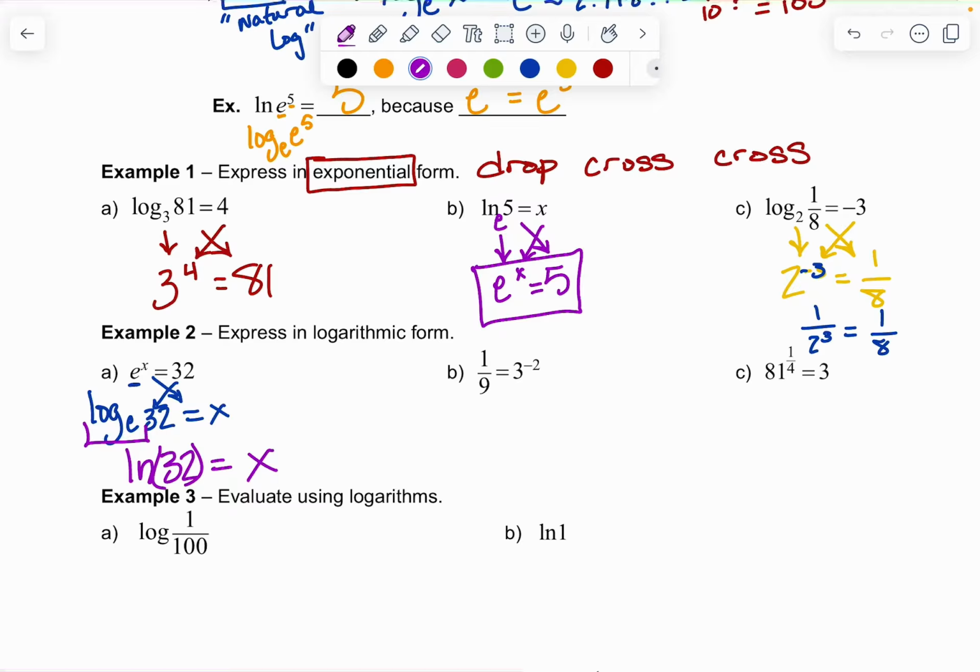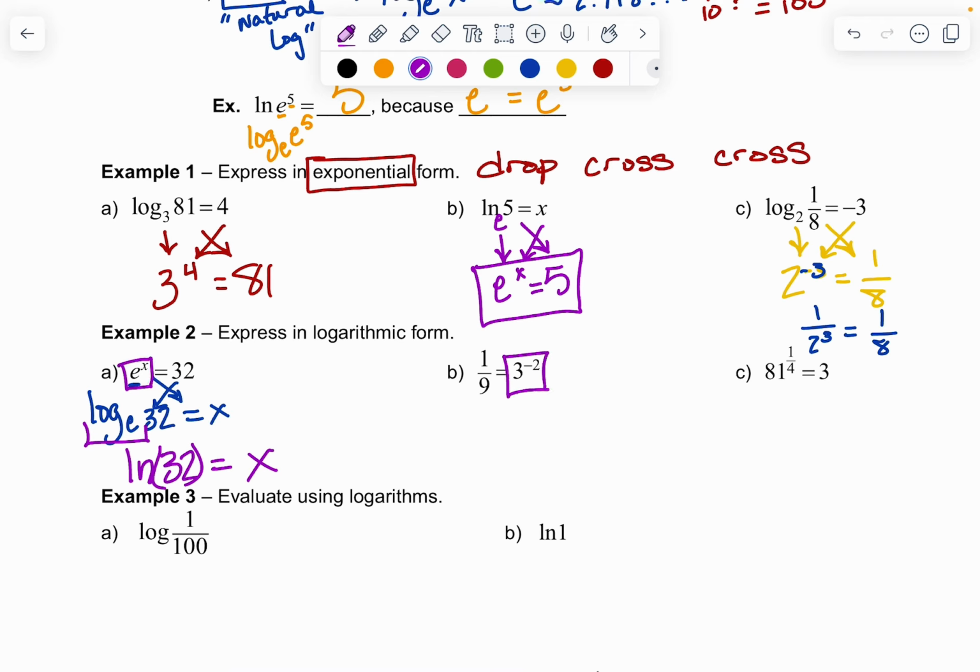Over here, we would drop our 3. Excuse me, sorry. I didn't realize they switched sides on this one. If you see, this is the exponential side.